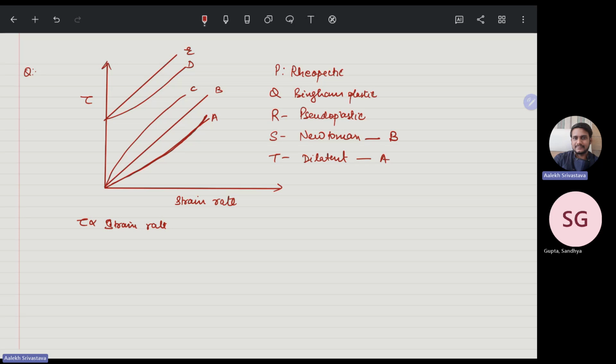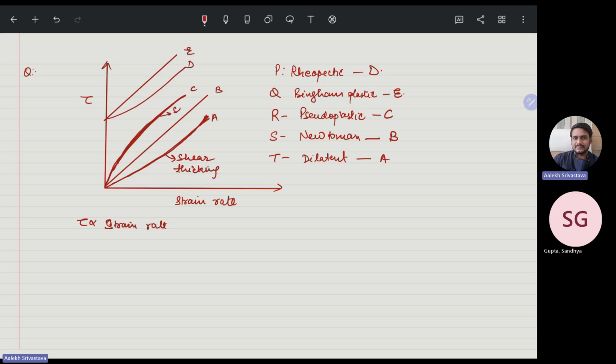Then your C is pseudoplastic, like this is pseudoplastic and dilatant and pseudoplastic. So this is a shear thinning fluid. Then your E is Bingham plastic and your D is rheopectic. So these are the types of fluids, and this is also called a shear thickening fluid.